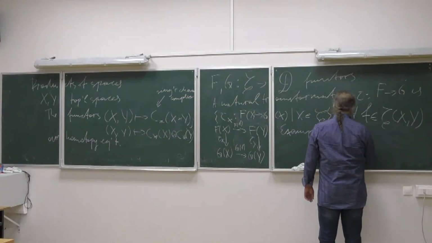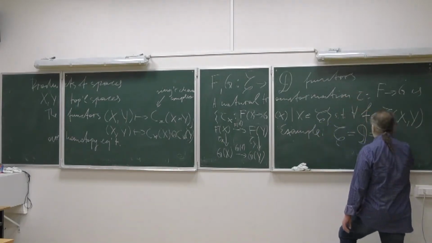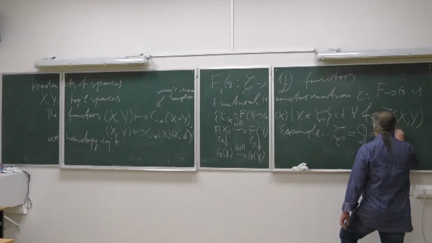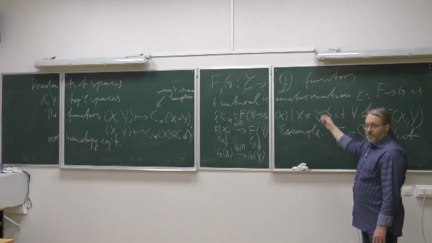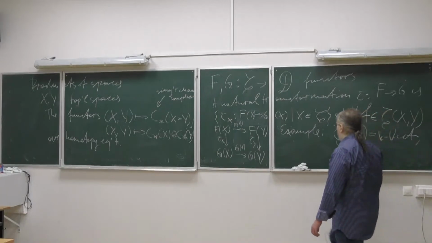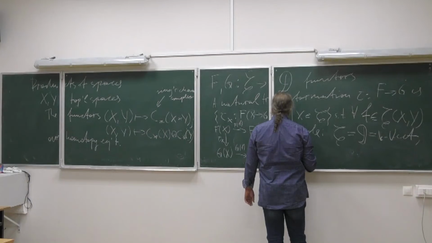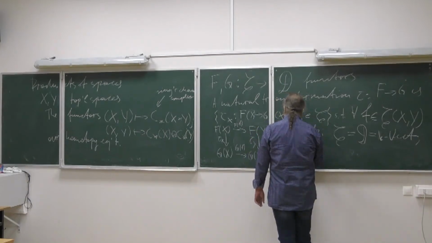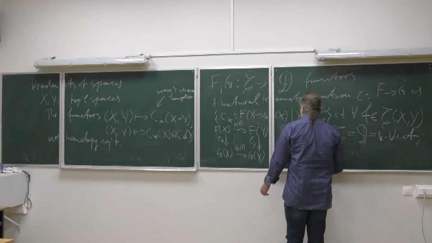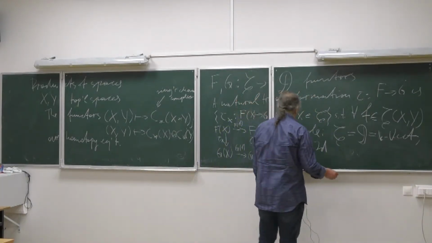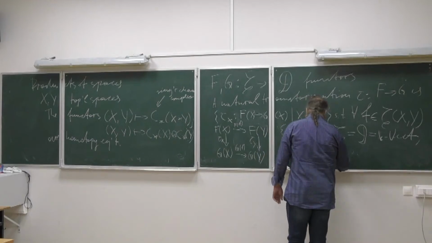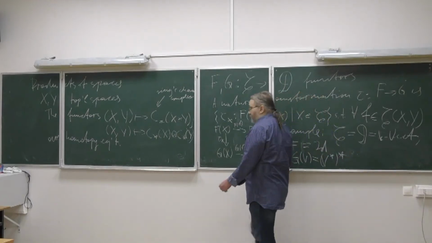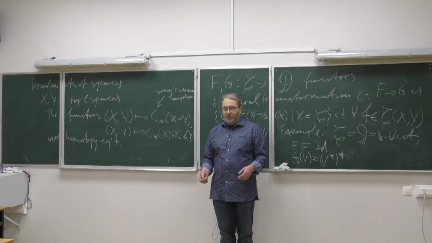For example, we could take vector spaces as both C and D, and we could take the first functor to be the identity functor, and the second one the functor which takes a space to its double dual.